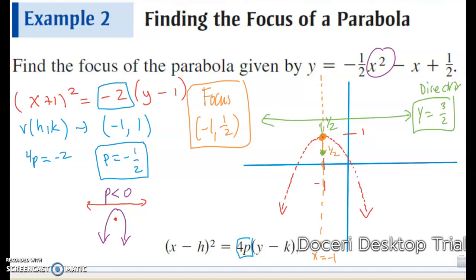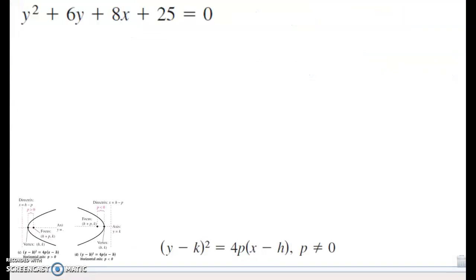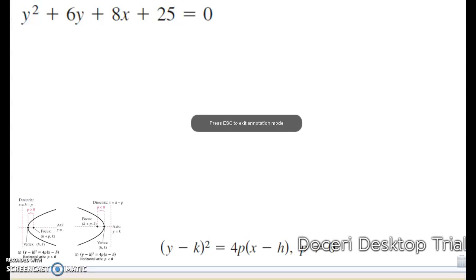Okay, so let me go over an example of one that's slanted and opening to the left or to the right. All right, for this next example, I want you to notice that we have a y squared, which means we have to put it into this form.